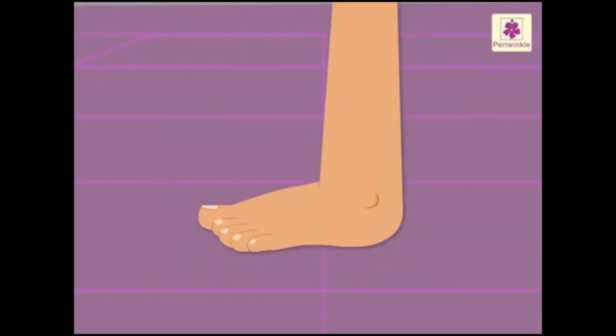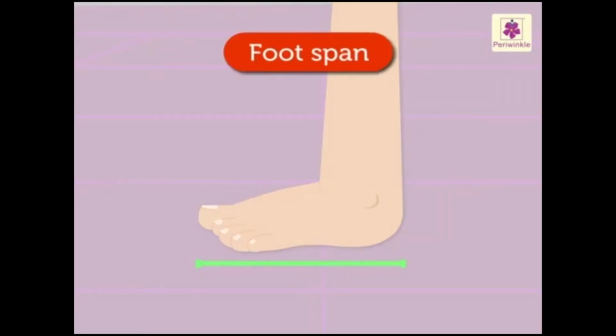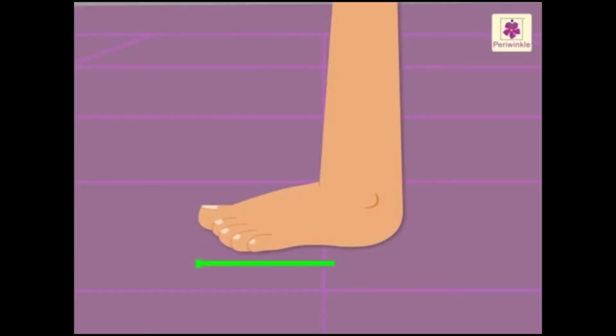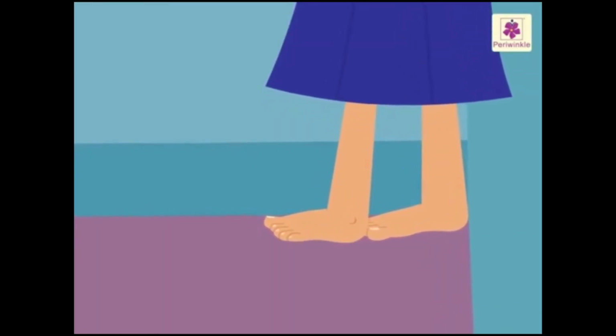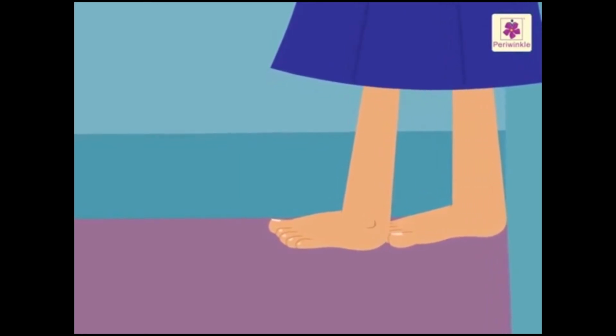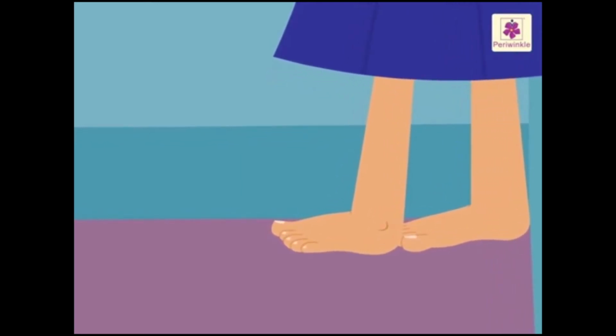Now, let's see what you mean by footspan. Footspan is the distance from the tip of the toe to the heel of the foot. Look, Lisa is measuring the length of the classroom with her footspans.